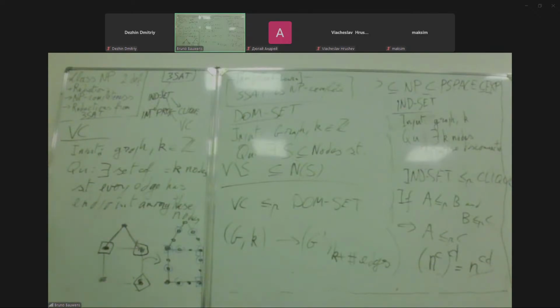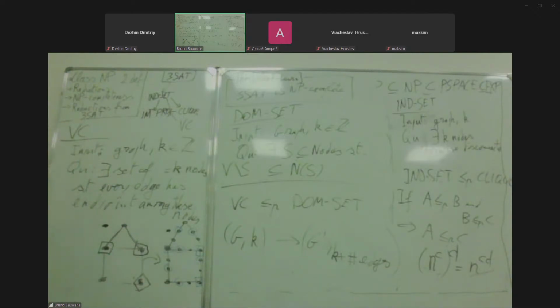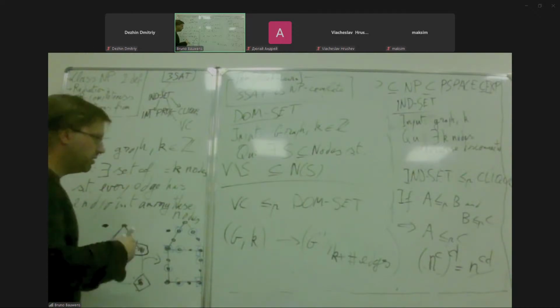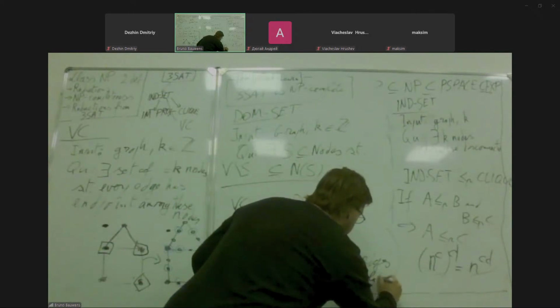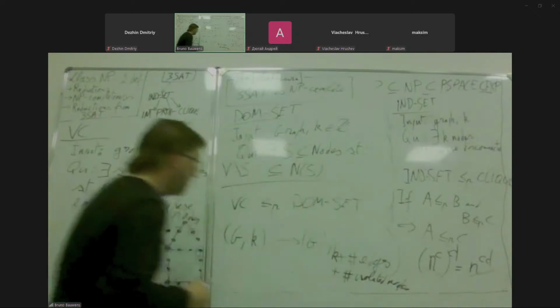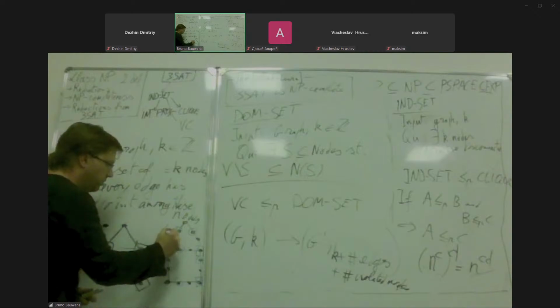But also every unselected node here is dominated. It works if there are no isolated nodes. But for isolated nodes, it's clear we need to select them, of course. So I forgot to say in the reduction, there is a borderline case. If there is an isolated node, then it's in both cases. So we need plus the number of isolated nodes, because in the dominating set, we need to select it.